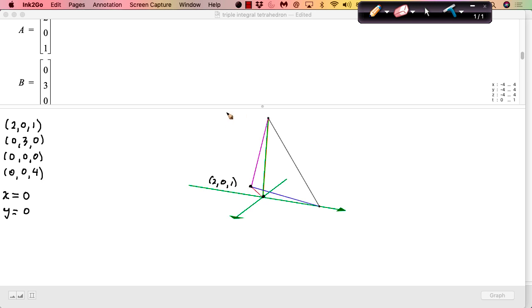Work together. This is review, but it's review from a while ago. Find the equation of those planes.